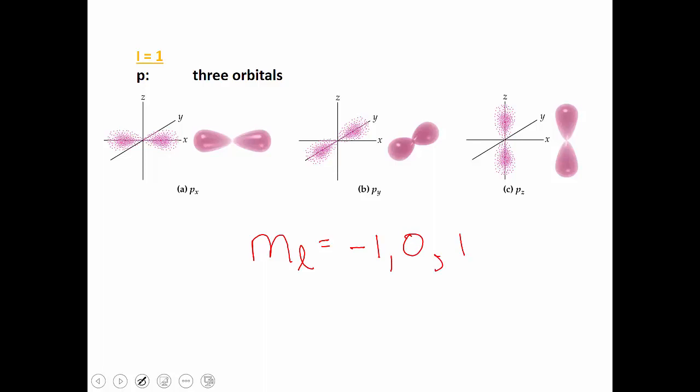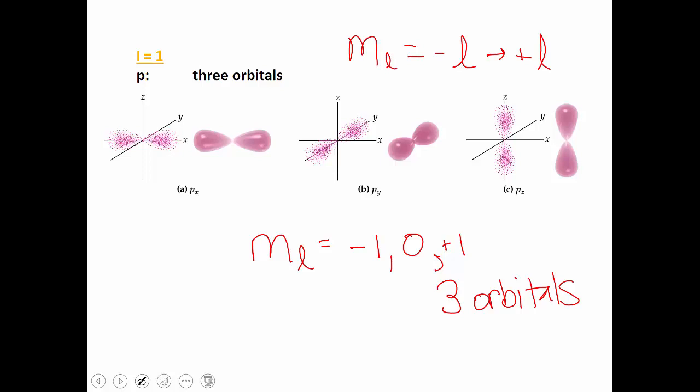So the values of M sub L that are allowed go from -L to positive L, and they're all whole numbers. So L for P is equal to 1, so we can have values of -1 to +1. So -1, 0, and +1. These are 3 values for 3 orbitals. So each orbital gets its own value.